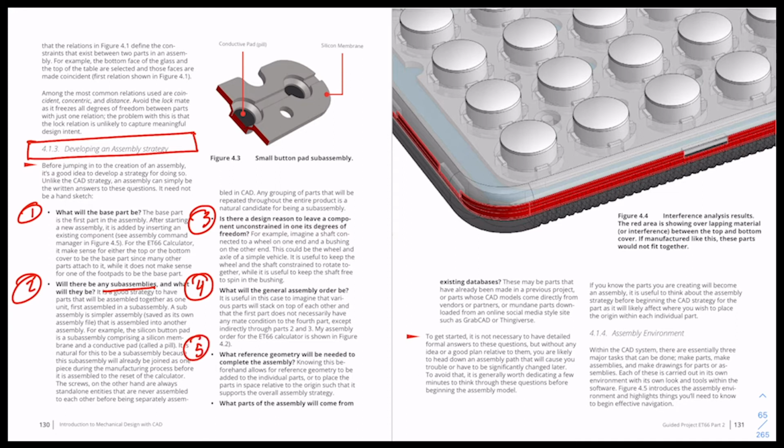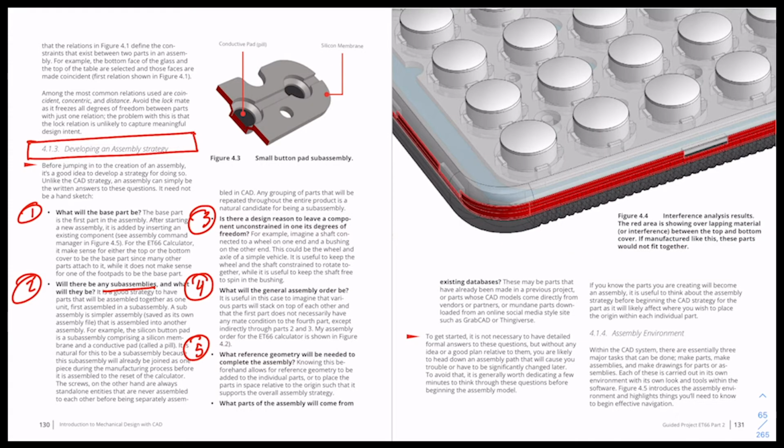All right, next question. There's two more questions we ask ourselves when we're developing our assembly CAD strategy. We want to ask ourselves, what reference geometry will be needed to complete the assembly? Will I need, for example, to create a plane somewhere or an axis, a critical axis that things get assembled to? If so, I've got to create that reference geometry.